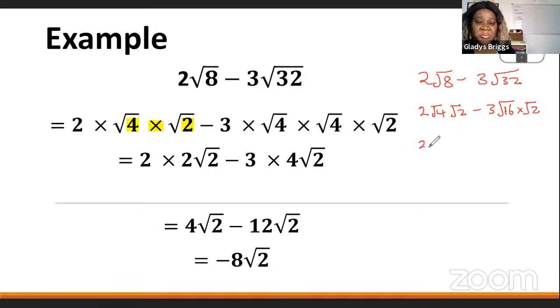This would be 2 times 2 times root 2 minus 3 times 4 times root 2. And here you would have 4 root 2 minus 12 root 2, which is equal to 4 minus 12 is negative 8 root 2.